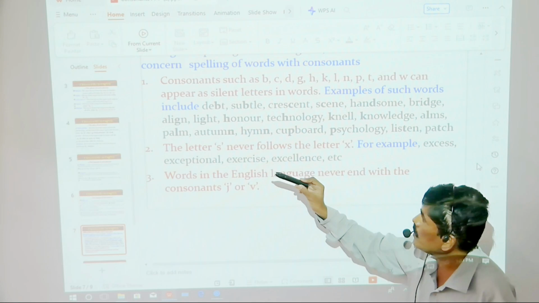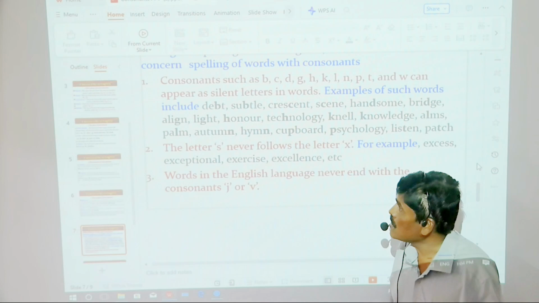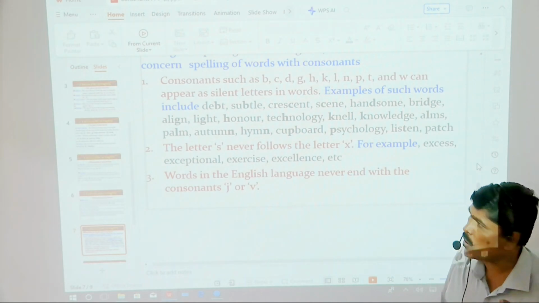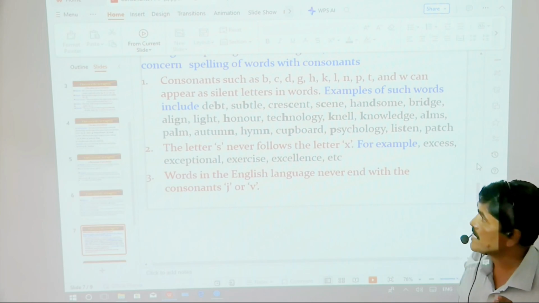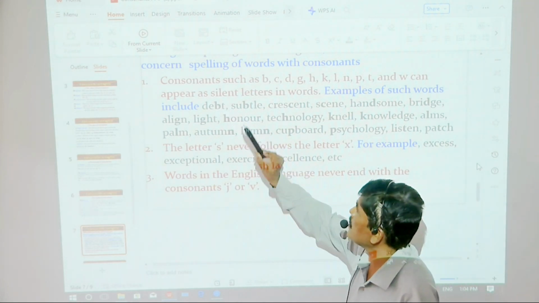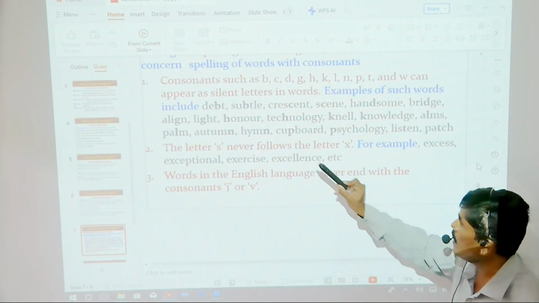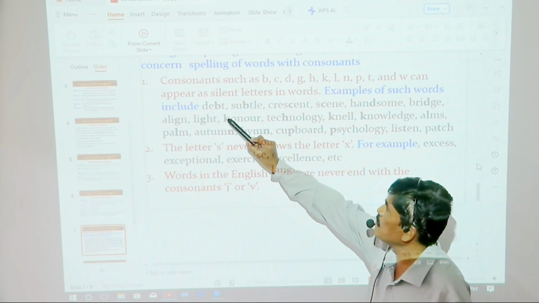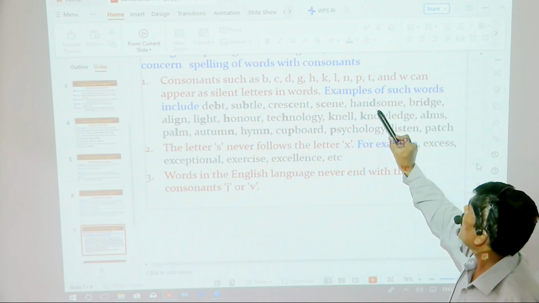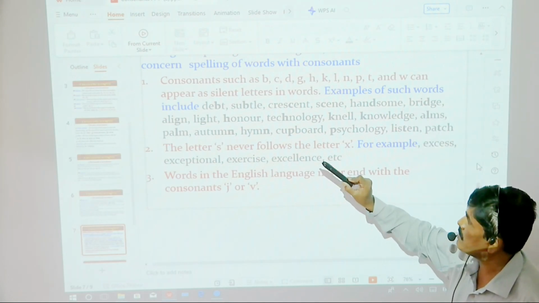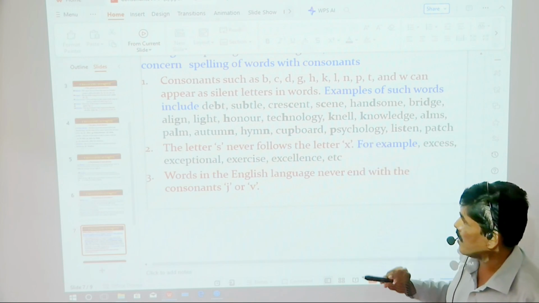For example, here DEBT, D, B, T, these are three consonants, but we do not say deBt, we say det, means there is a silent B and the T sound is produced. Doubt, subtle, debt, then, handsome, bridge, align, light, honor, technology, nail, etc.